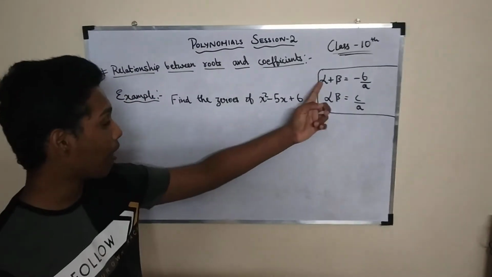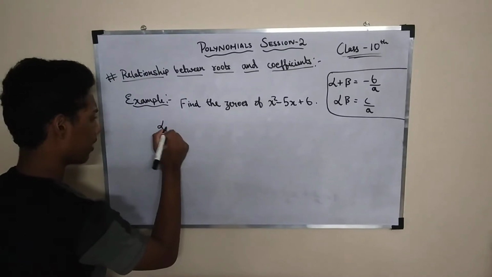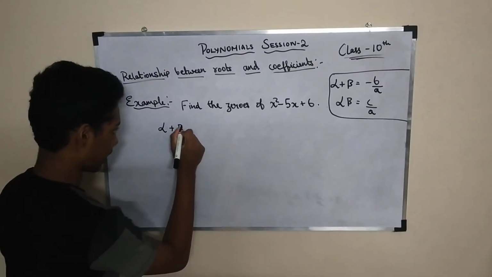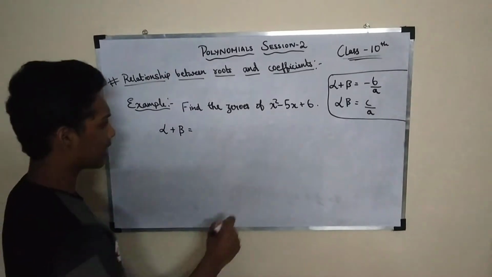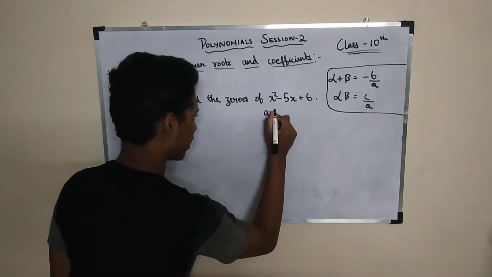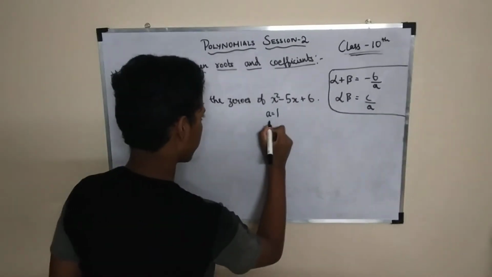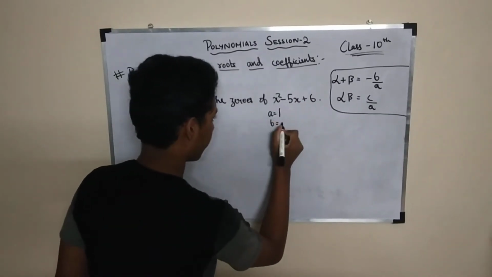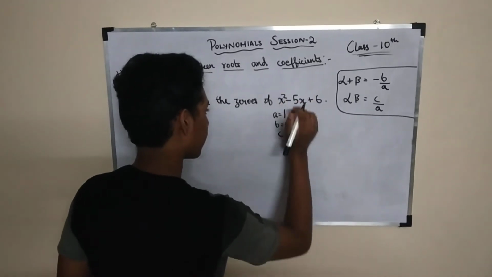So alpha plus beta is minus b by a, alpha beta is c by a. We need to find alpha and beta in this question. Alpha plus beta is minus b by a. Now what is b exactly? Let's note down all the things. a is 1 because 1 times x square remains x square. b is minus 5.